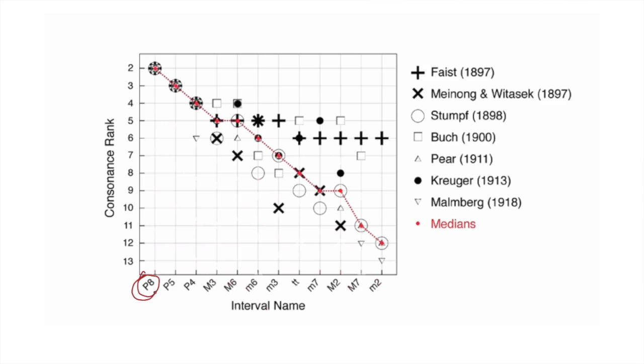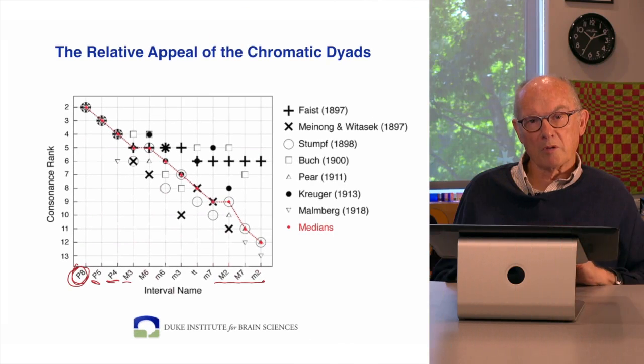So this interval, P8, is the octave, this the perfect fifth, perfect fourth, major third, and so on for all of these intervals down to the major seventh and the minor second, which are the least consonant of these intervals.